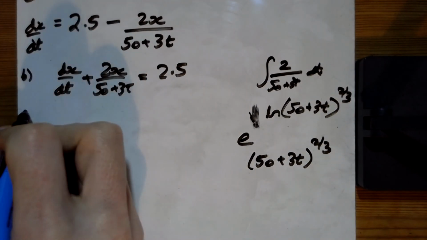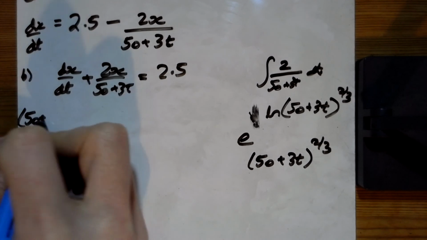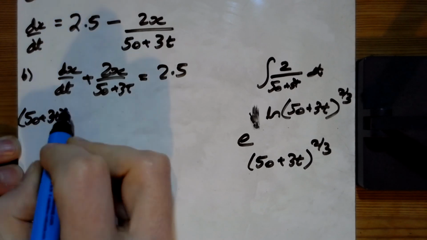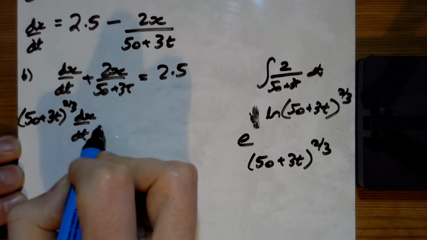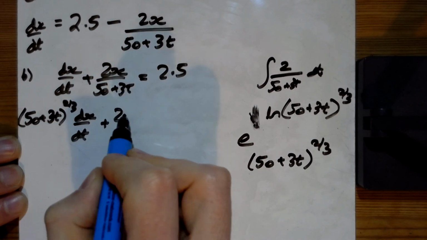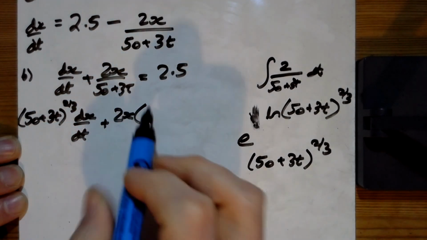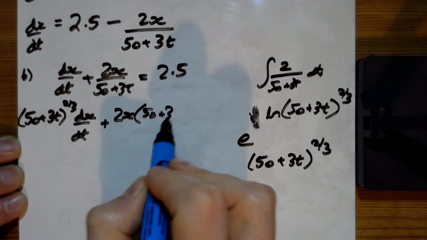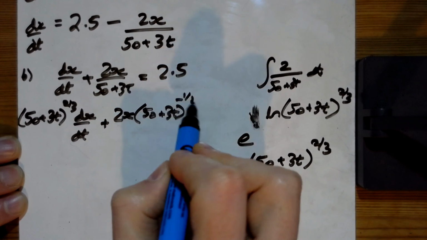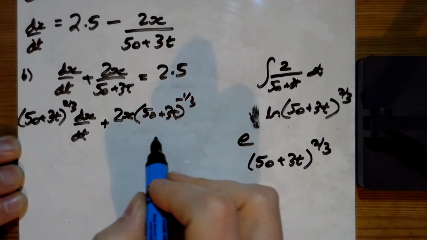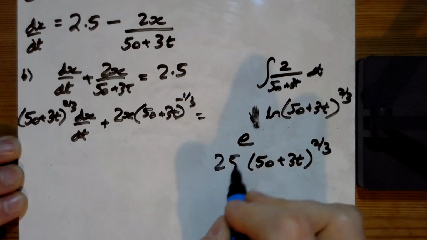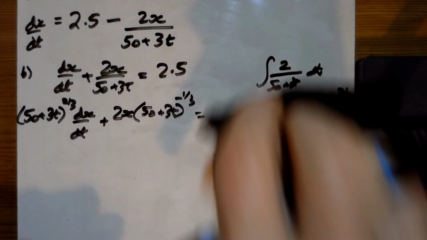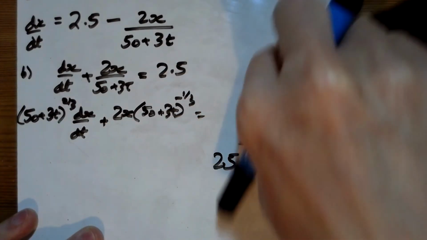So going back up here, I've got 50 plus 3t to the power of 2/3 dx by dt plus 2x, and now that'll be 50 plus 3t to the minus 1/3 there, equals 2.5. Let's get rid of all of that because I'm making a right mess of this, aren't we?